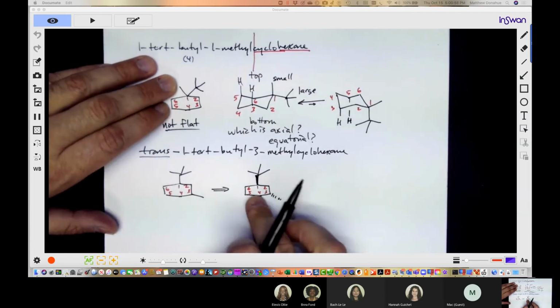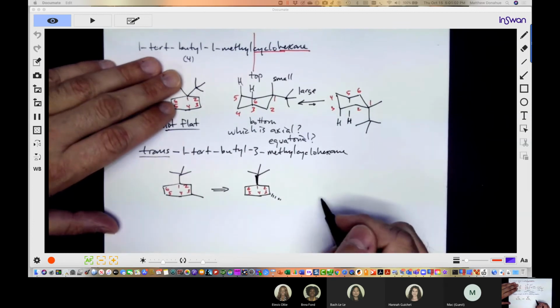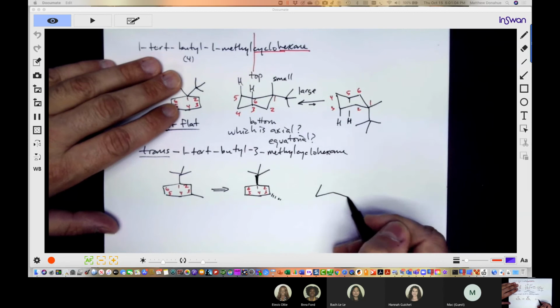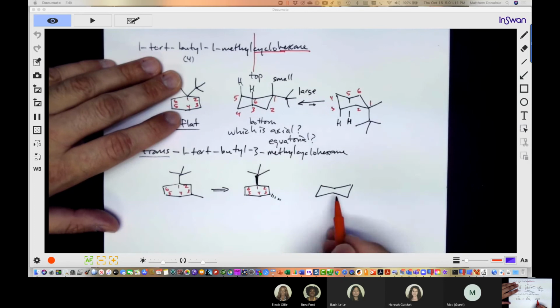And so now we have to take this and convert it to a chair. I'm going to put the 1 here, the 2 there, 3, 4, 5, 6.